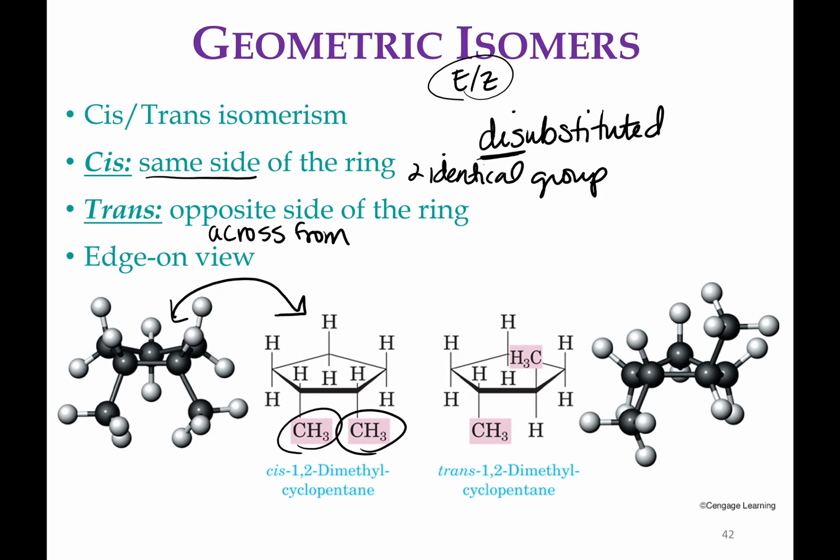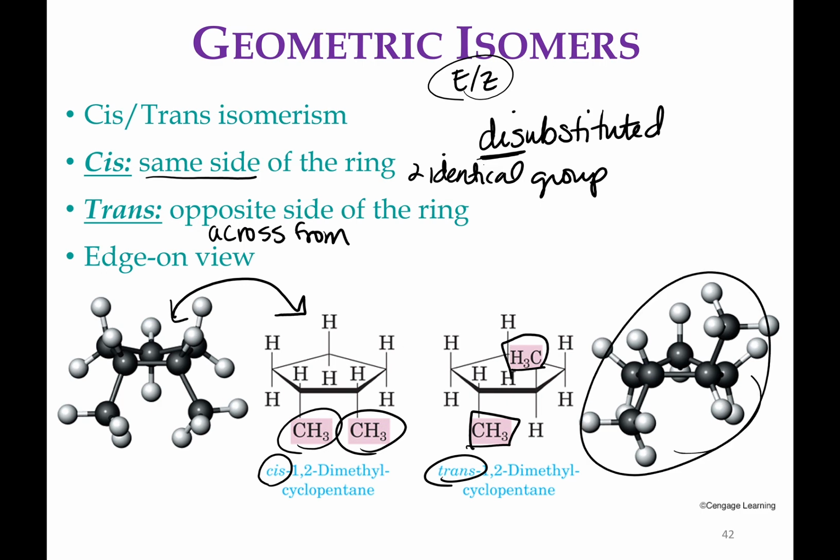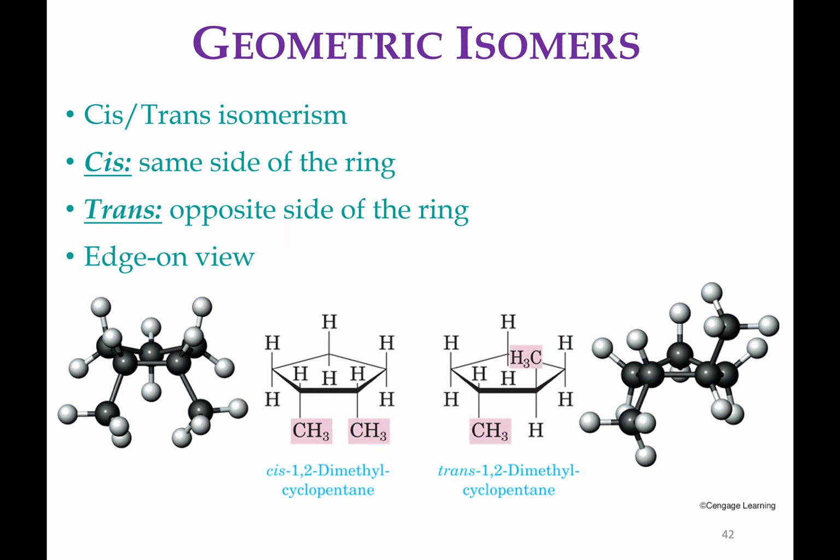We can look and see if they're on the same side of the ring, this would be cis, or on opposite sides of the ring, this would be trans. It's easier when it's on an edge view to see this. But if we're talking about writing this in a chair view, like what we're looking at here and here, it's not always as simple. So I want to go through a very simple little chart that will tell you what to do.